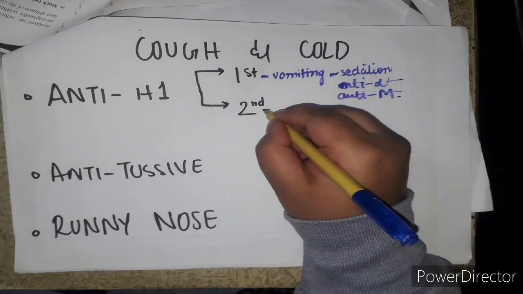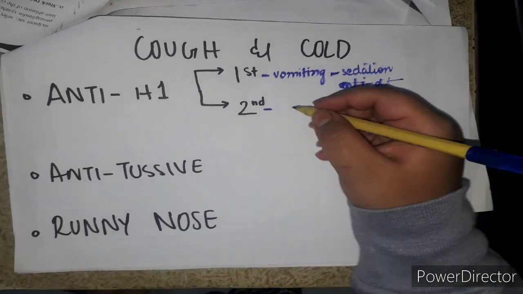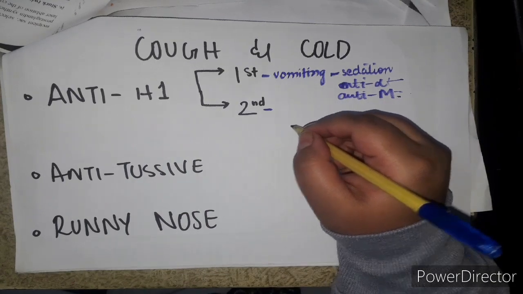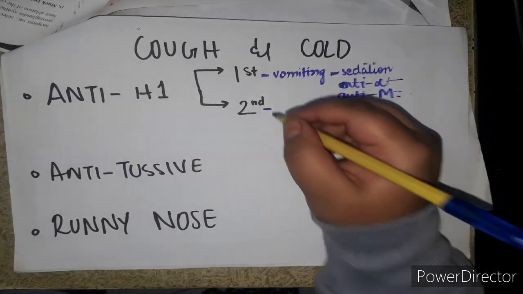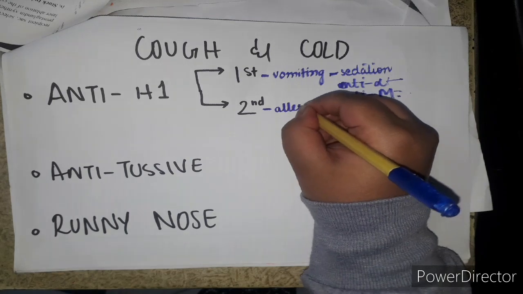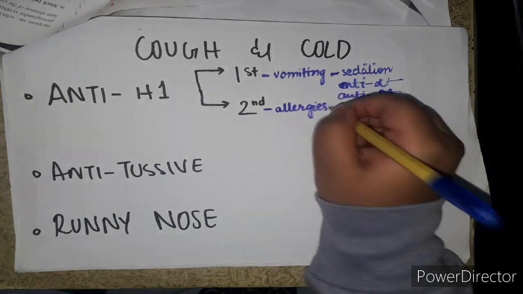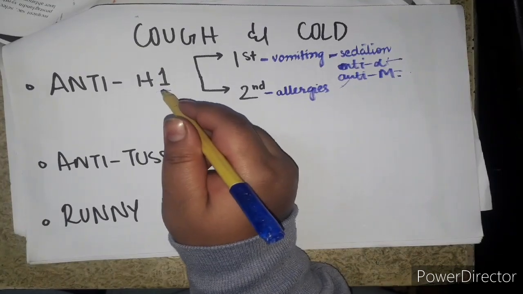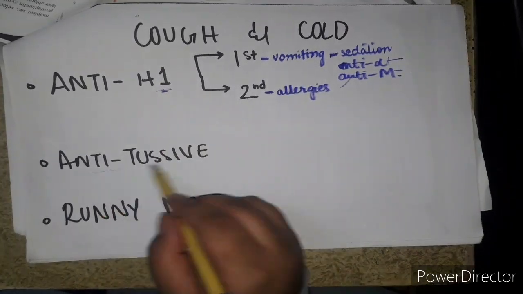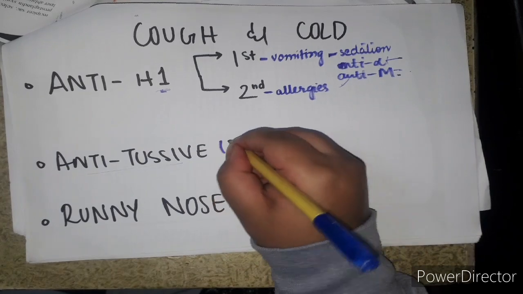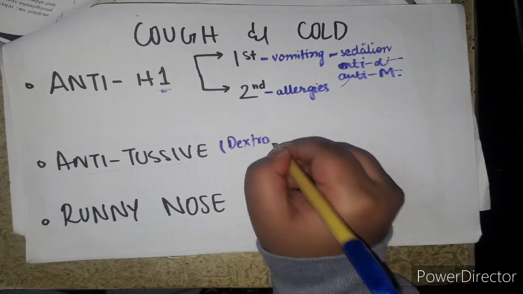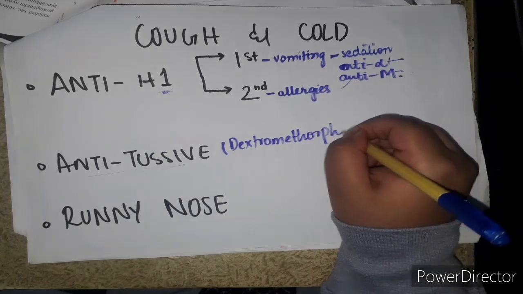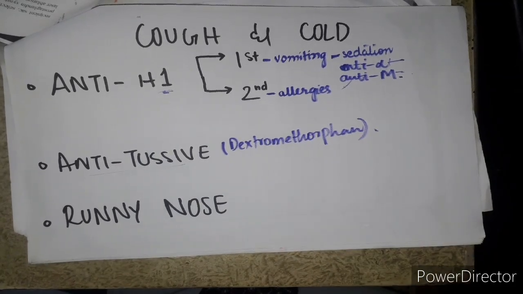And the second generation are usually used these days, like fexofenadine, loratadine, and cetirizine. They are the ones that are given in cold and cough medications and allergies, and they cause minimal sedation as compared to first generation antihistamines, and they're H1 blockers. Then we have antitussives. Antitussives include dextromethorphan, and it is a type of opioid.